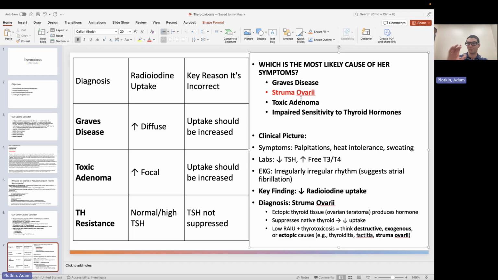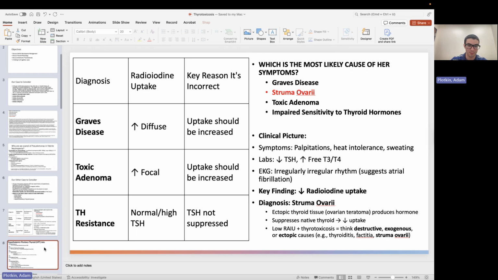The only one that fits that option would be struma ovari because Graves is going to have increased and diffuse uptake. Toxic adenoma will have increased and focal uptake, and TSH resistance, or thyroid hormone resistance, would cause normal or high TSH. And we'll flesh these out coming up.